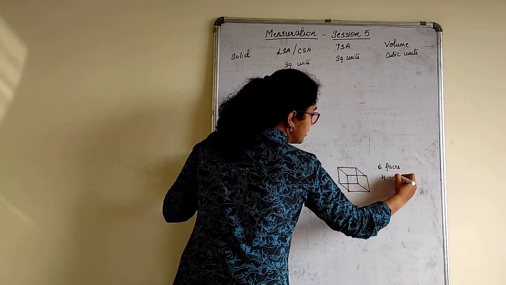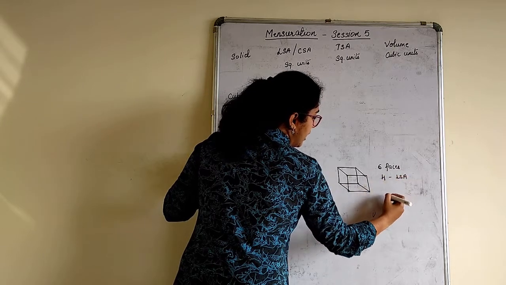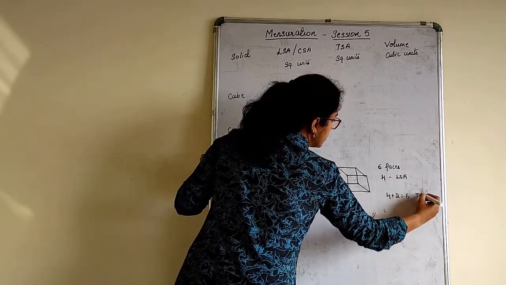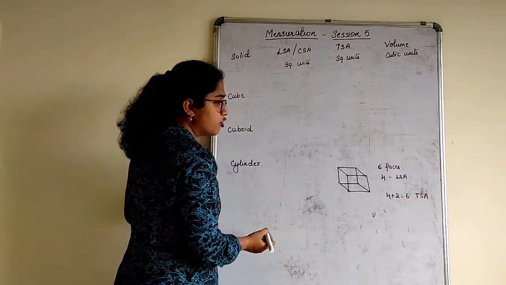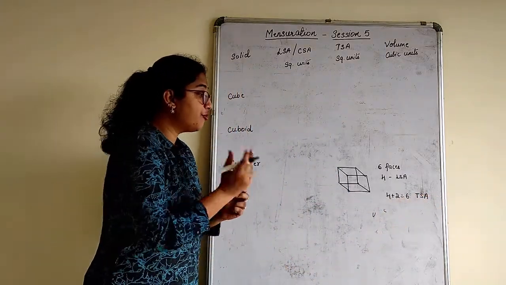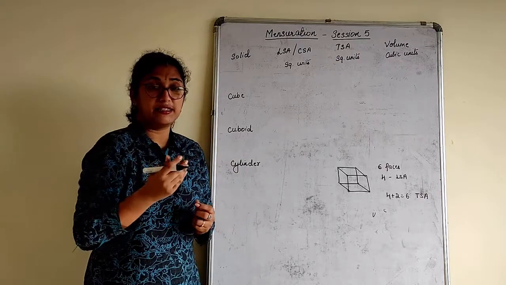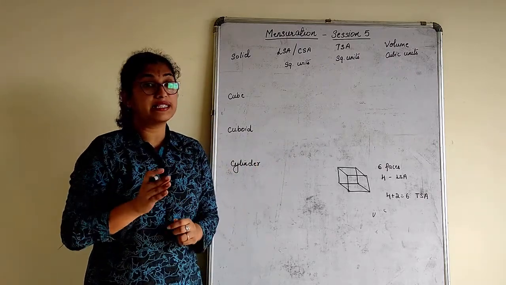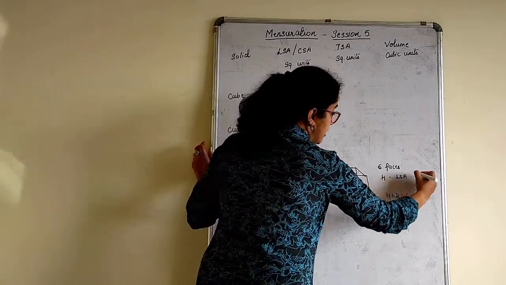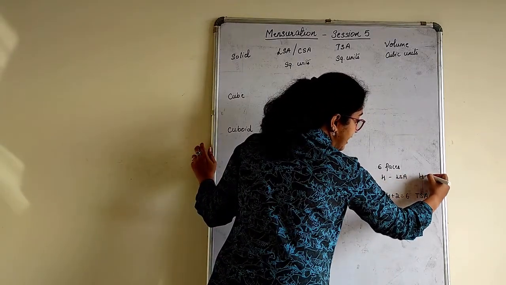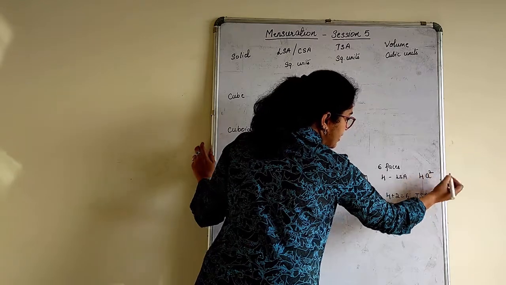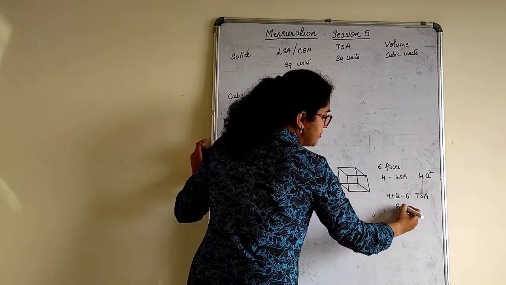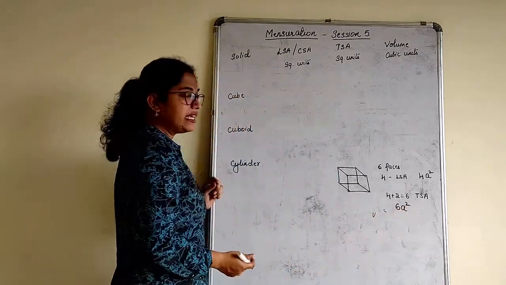So 4 faces is LSA and 4 plus 2, that is 6 faces, is TSA. Each surface of a cube is a square, so LSA is 4 times the area of a square, and the area of a square is side square. TSA is 6 times the area of a square, where A is the side.